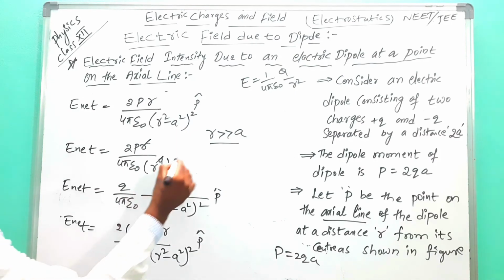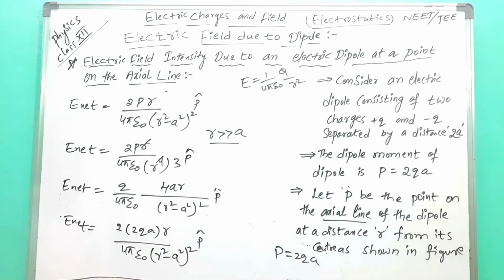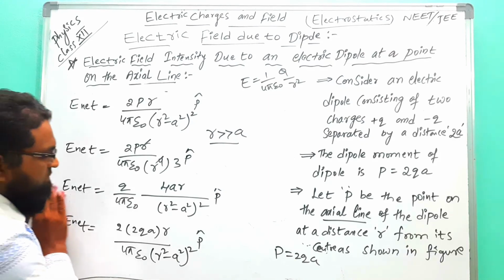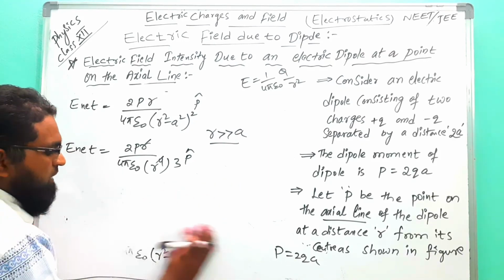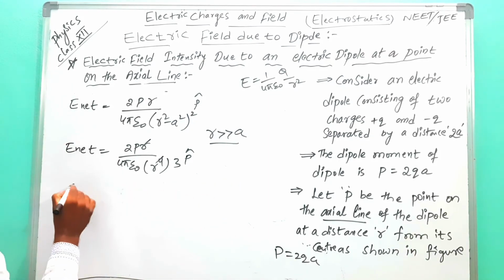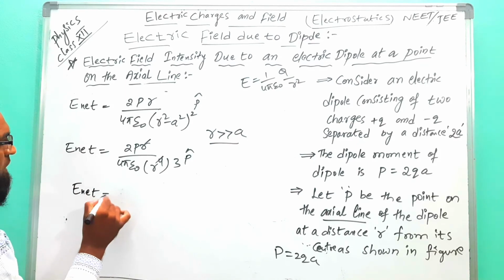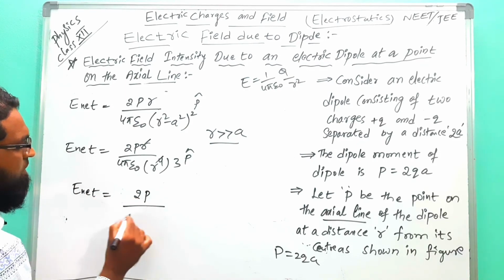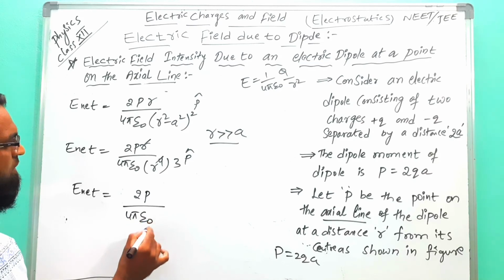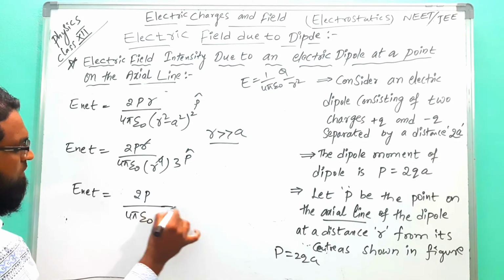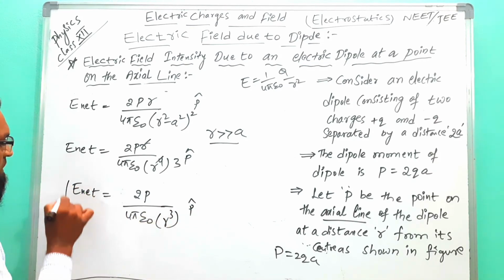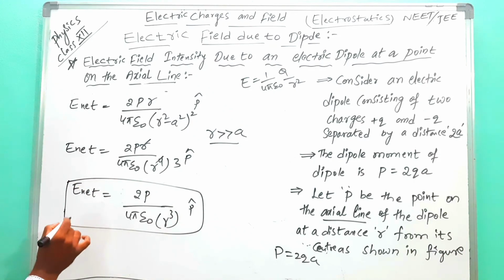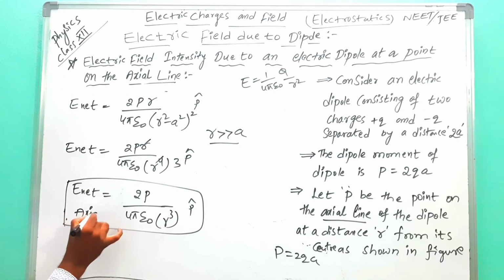So the final answer, with p cap as the unit vector, is E net equal to 2p by 4 pi epsilon naught r cube, times p cap. This is the final electric field on the axial line. I hope you understood all things.